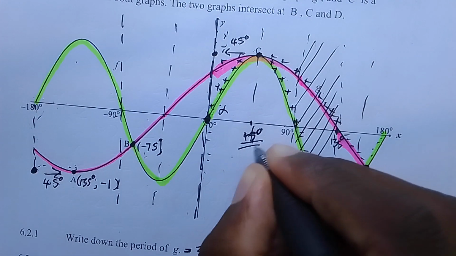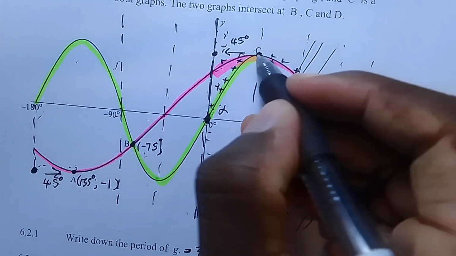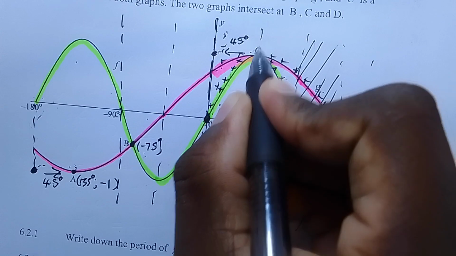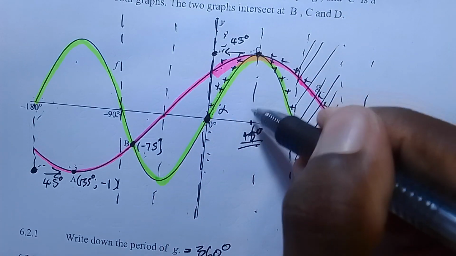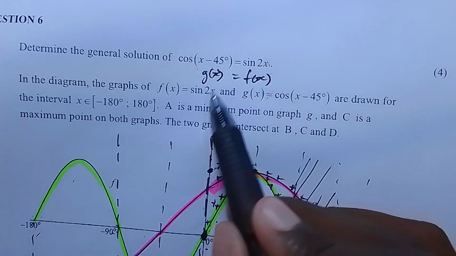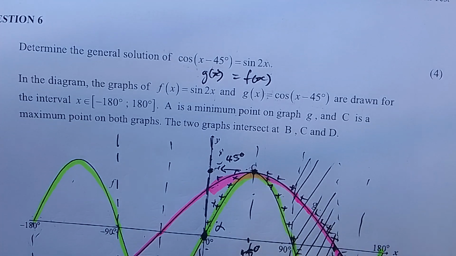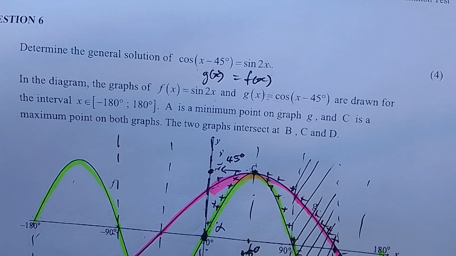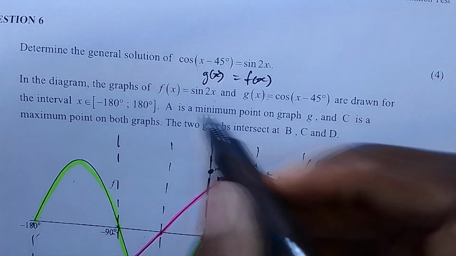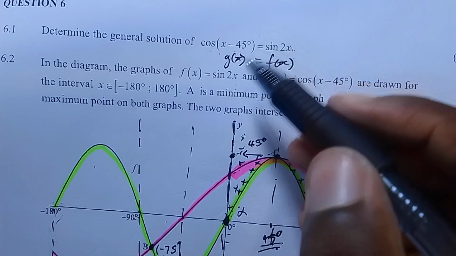It's equal to 45 degrees because the cosine graph shifted 45 degrees to here. Or you can say the maximum of this function will still be at 45 degrees because we did not multiply anything into the x.